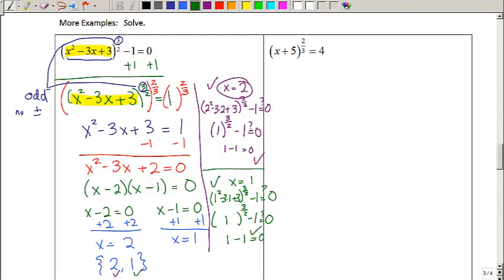So both of these solutions check. Please be sure to check all your solutions for the rational exponent equations. You are required to check because sometimes you get extraneous solutions. I will be telling you all year long whether you need to check or if it's an optional check. In this case, this is a required check and you have no choice, you do have to do it.